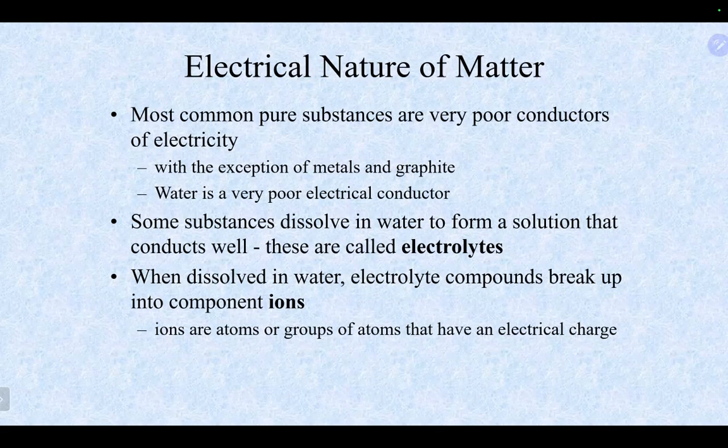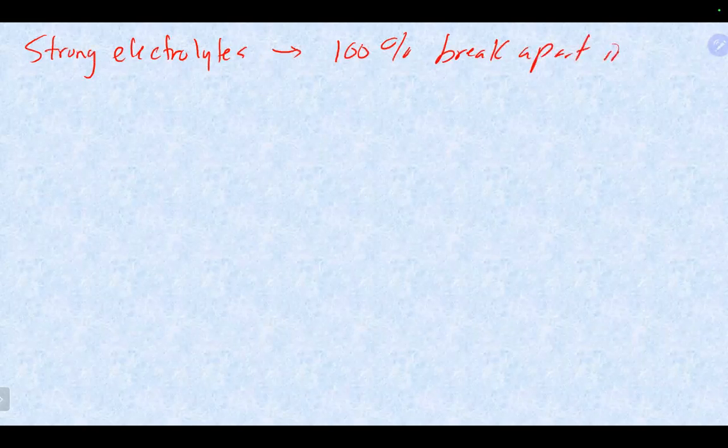But once you start adding ions to water, it becomes a good conductor of electricity and what are known as electrolytes. There's actually a few different types of electrolytes. There are strong electrolytes, which basically 100% break apart into ions.